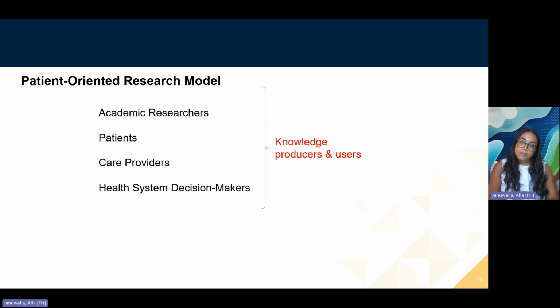What we're trying to do is flip this model on its head and create space for all of these types of roles to be knowledge producers and users, exchanging experience, learning together, and leveraging each other's expertise to generate higher quality evidence. This engagement can occur anywhere in the research cycle, from research question generation and grant writing, all the way to data analysis and dissemination. And we'll talk a little bit more about some of those examples in terms of where in the research cycle the collaboration can occur, which is everywhere.